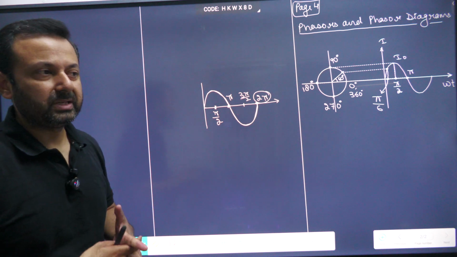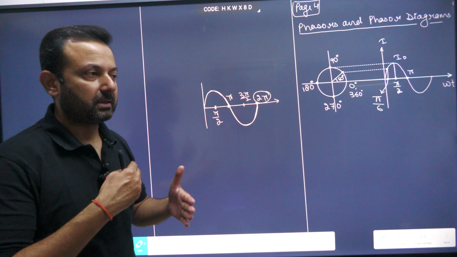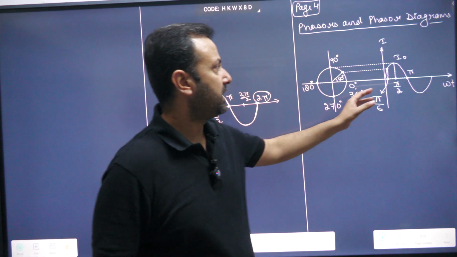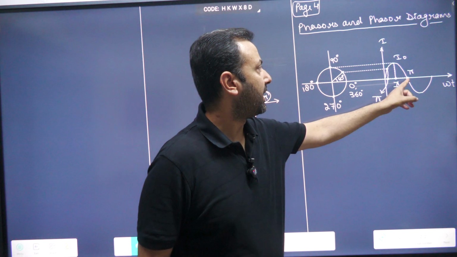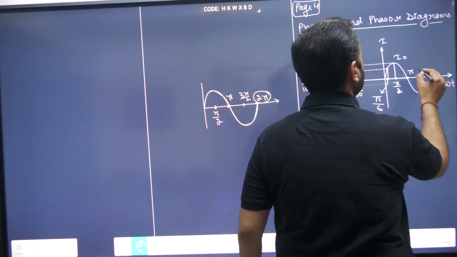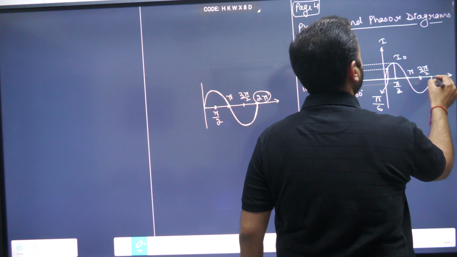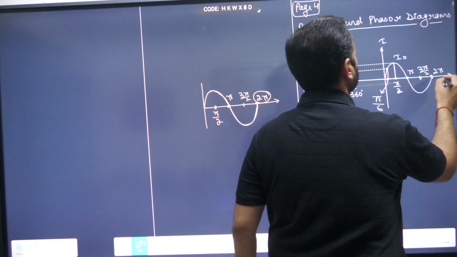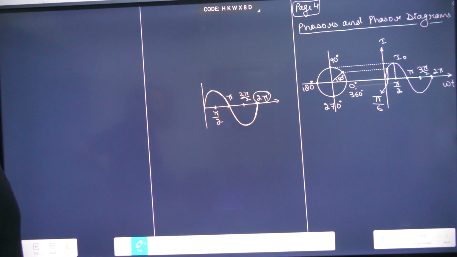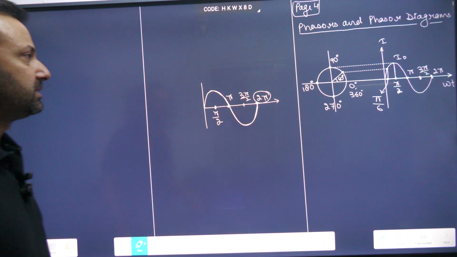So this is called a phasor diagram. The phasor diagram simply tells us how we have written pi here, pi by 2 here, 3 pi by 2 here, and 2 pi here. All right, is this clear to you? Take any instant.